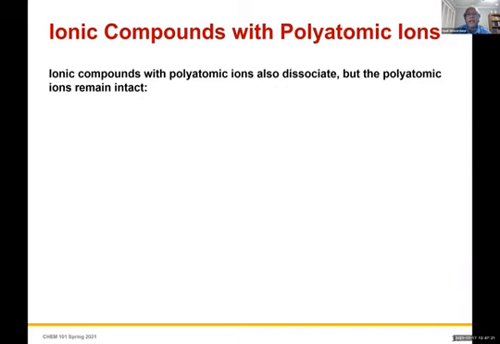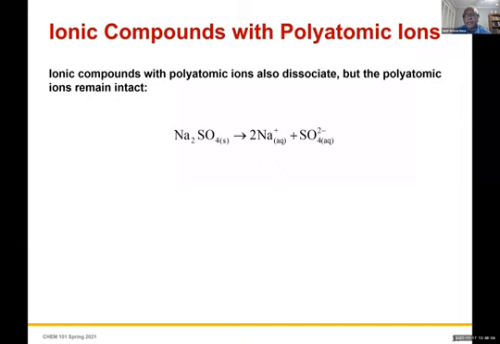There are ionic compounds containing polyatomic ions. They also dissociate, and the identity of the polyatomic ion remains intact. For example, sodium sulfate. Sodium is monoatomic, only one atom, a sodium ion. Sulfate is a polyatomic ion, so it produces 3 ions per sodium sulfate: 2 solvated sodium ions and 1 sulfate ion.